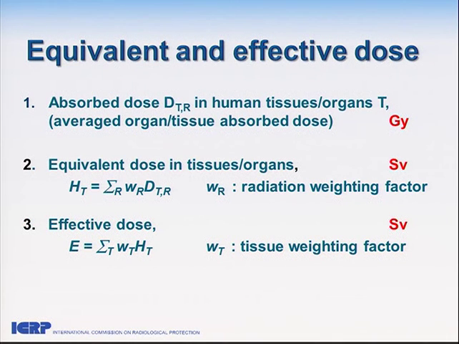So we've already seen the steps in the calculation of effective dose. We're starting off with a scientific quantity, and then we're making rough adjustments on the basis of the different effectiveness of different radiation types to arrive at equivalent dose, and then we're summing the equivalent doses, making rough adjustments in terms of tissue weighting factors for the contribution of different organs and tissues to overall detriment.